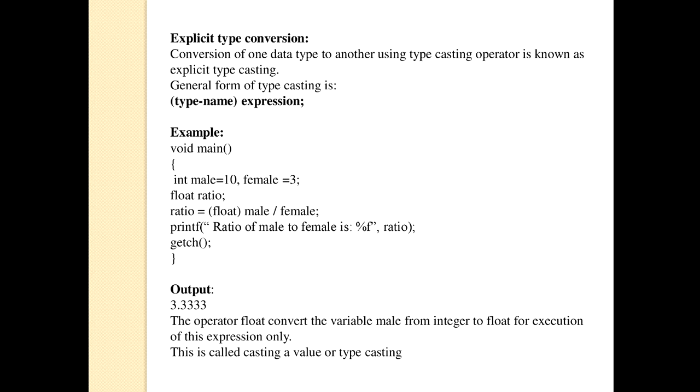So the statement to find the ratio is ratio equals (float) male divided by female. Note that male and female are both of type integer, and after integer division you will not get the answer in a decimal or fractional part.